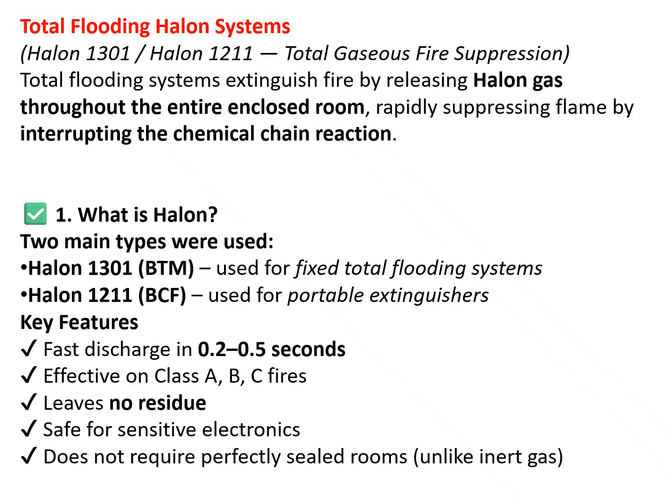Now, total flooding systems extinguish fire by releasing halon gas throughout the entire enclosed room, rapidly suppressing flame while interrupting the chemical chain reaction. Now, what is halon? Two main types were used.